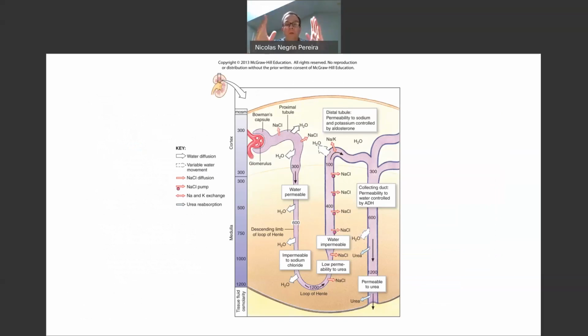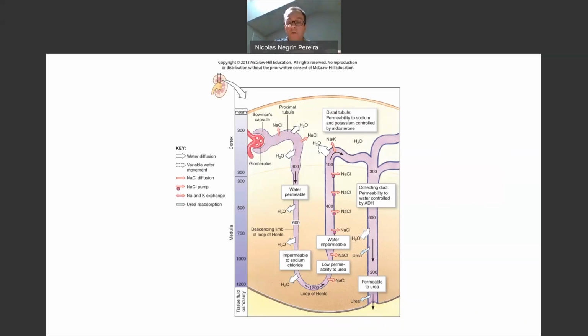So again, we have two phenomena happening at the same time. On the descending limb of the loop of Henle, we see how water is being drawn out from this fluid. And this fluid, as it moves towards the medulla, is becoming more and more concentrated, always matching the osmotic gradient of the region of the kidney where it is traveling.